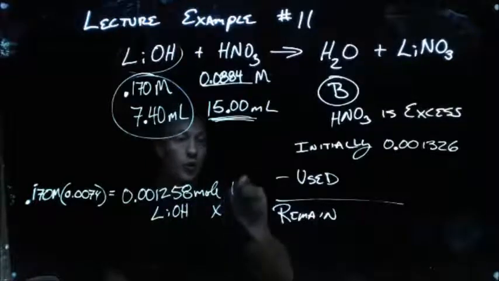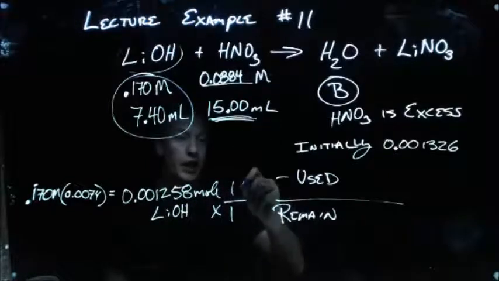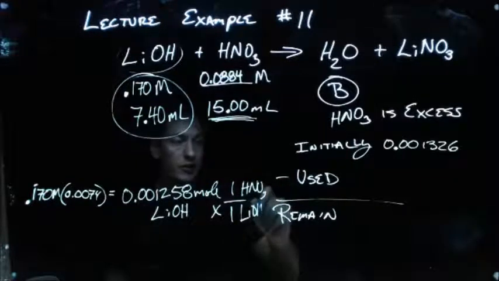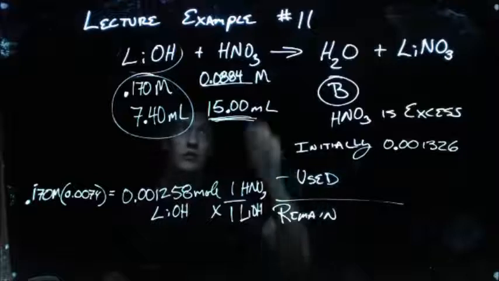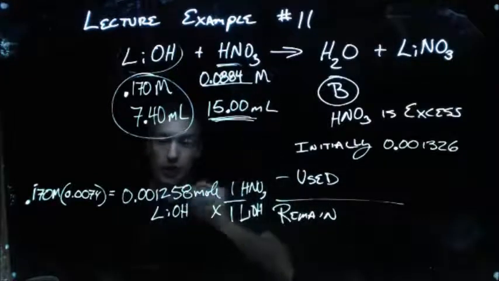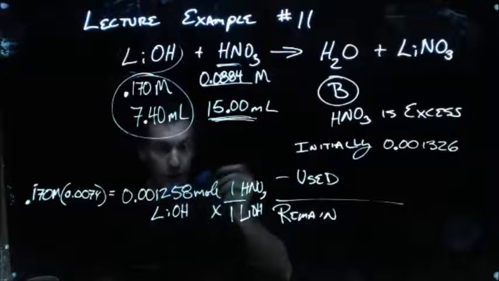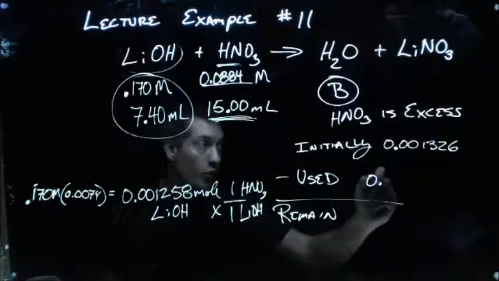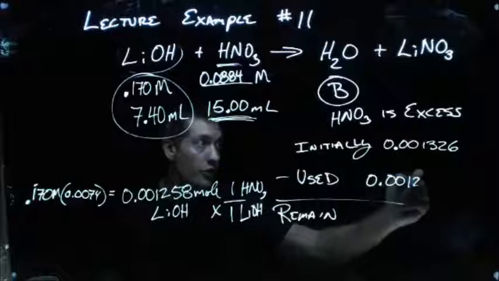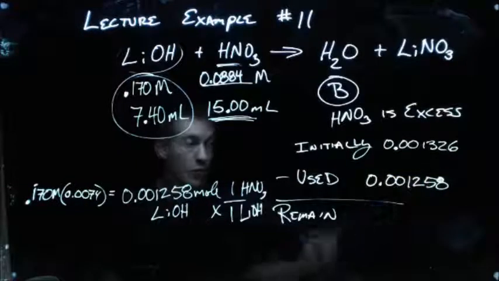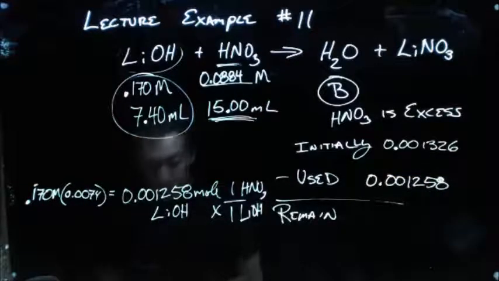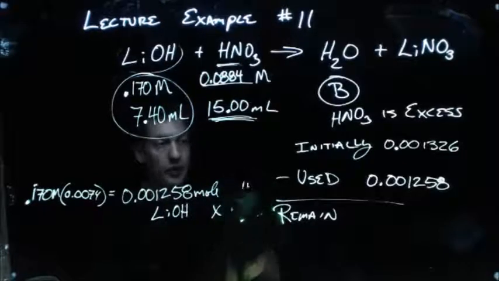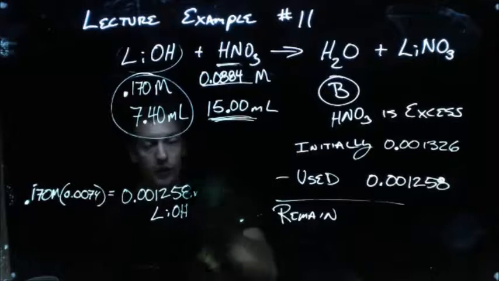And since it's a 1-to-1 ratio, it's 1 nitric acid for every 1 lithium hydroxide, the amount of nitric acid that is neutralized by 0.001258 moles of lithium hydroxide is 0.001258 moles. So after this reaction is complete, you're going to have some nitric acid left over.